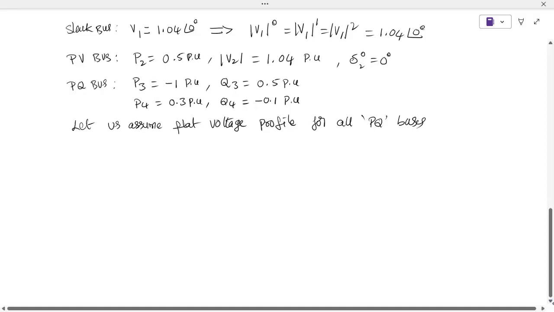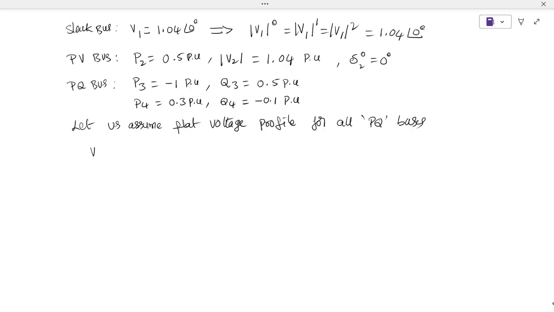So V3 is equal to 1 plus j0, that is equal to V4.